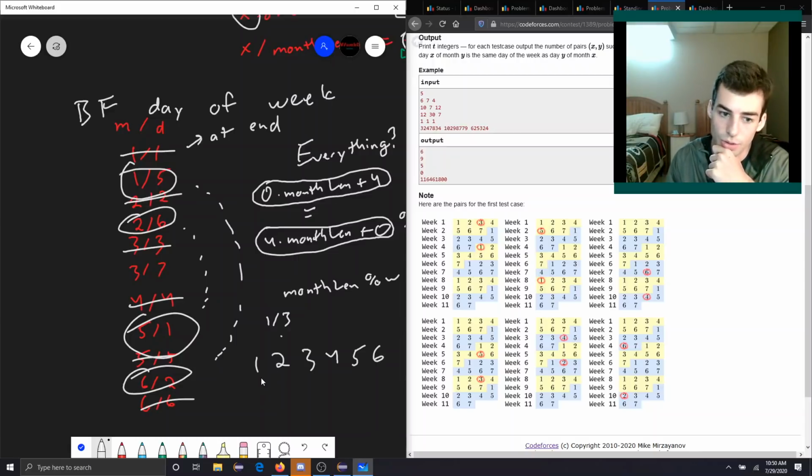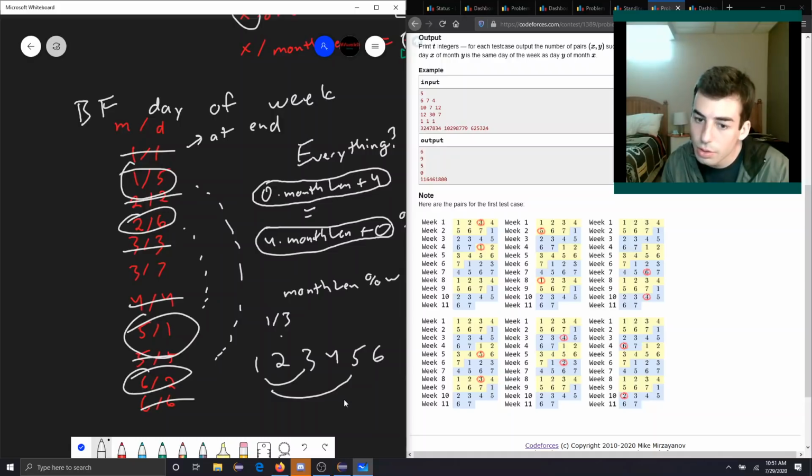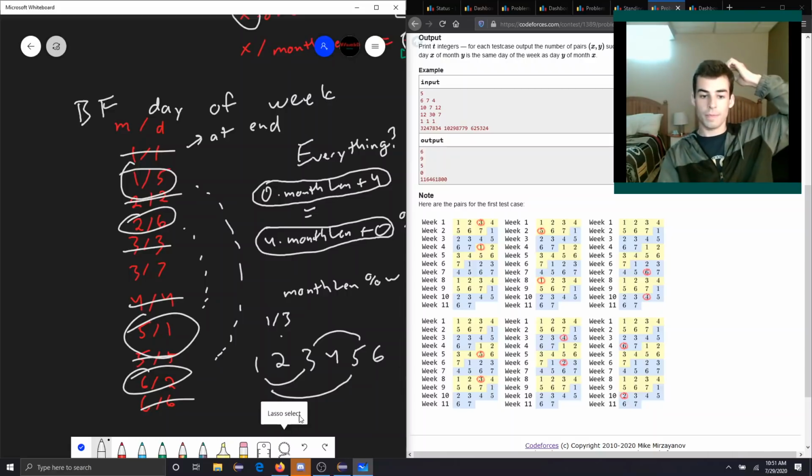So 1, 2 doesn't work. 1, 3 works. 1, 5 works. 3, 5 works. 2, 3 doesn't work. Wait, oh, because 2 and 3 occur in different things. Okay, so this splits it into two groups, but 2, 4 also works, maybe?